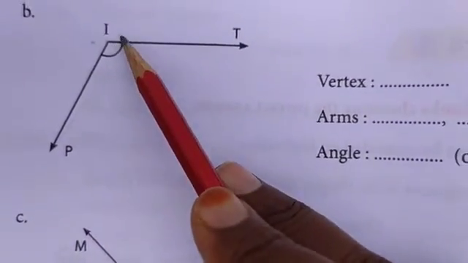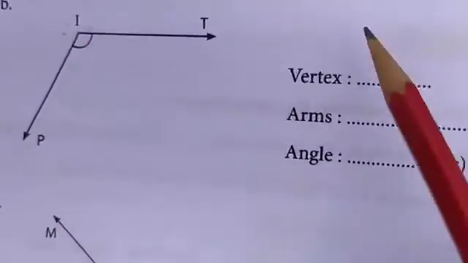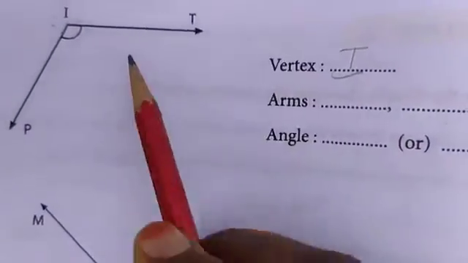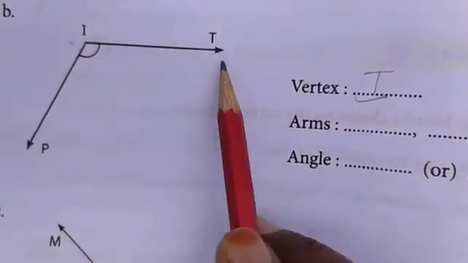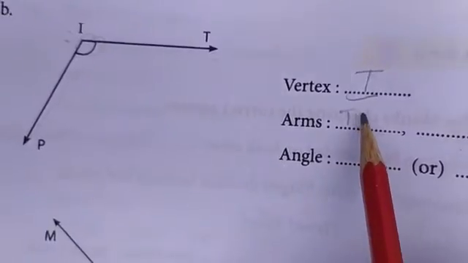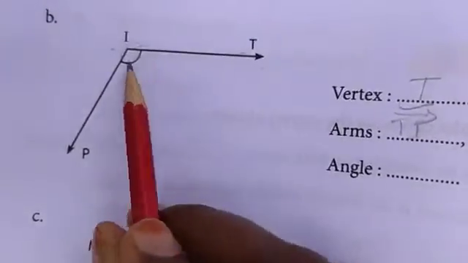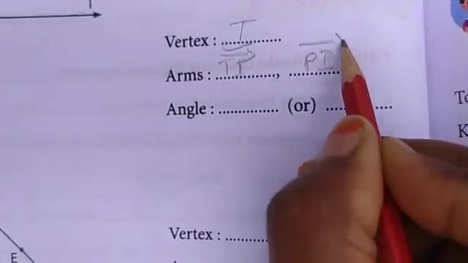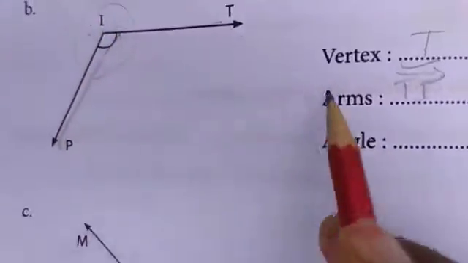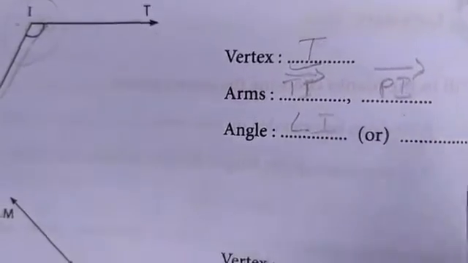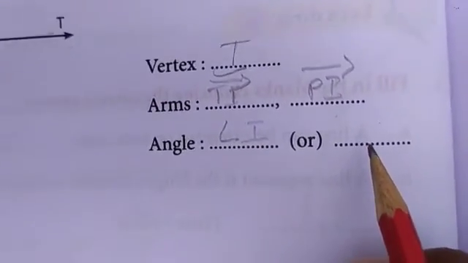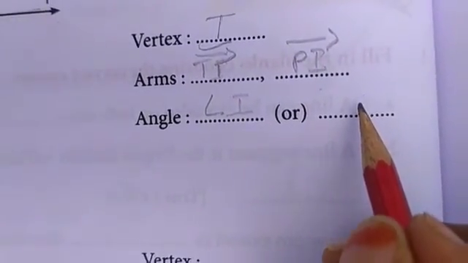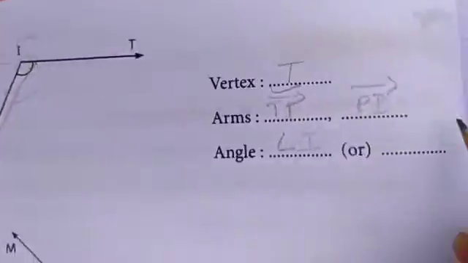The meeting point is here, this is vertex I. The arms are ray TI and ray PI. The angle formed is angle I, or we can also write angle PIT.